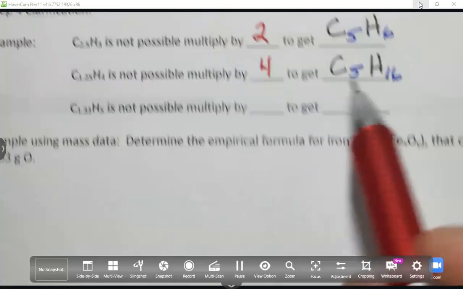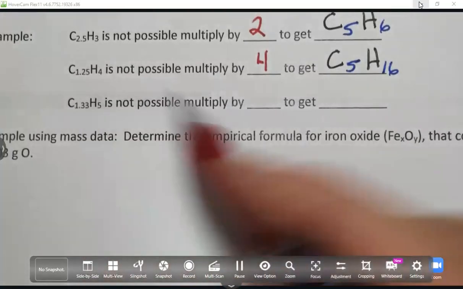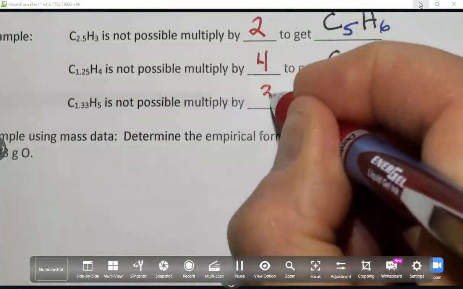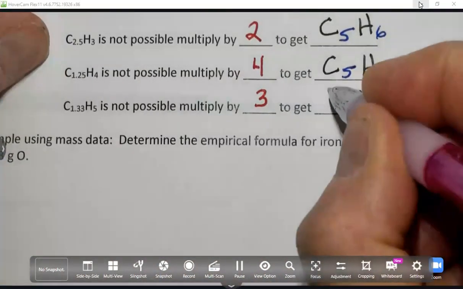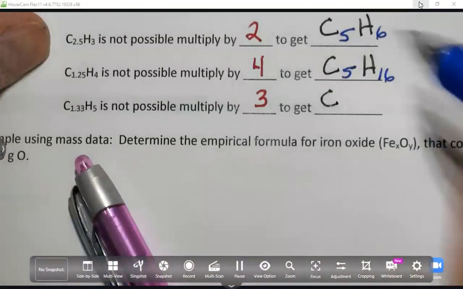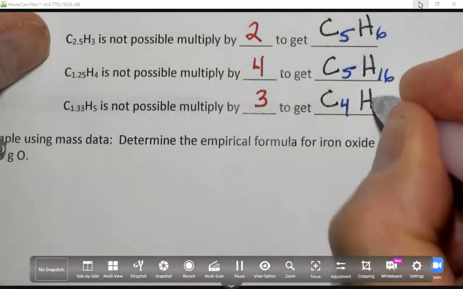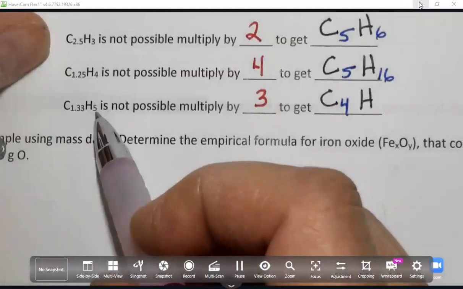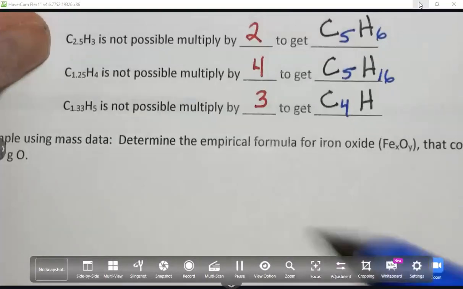And the last one, 1.33 is 1 1/3. So multiply by 3. And if we multiply 1 1/3 times 3, we're going to end up with 4 carbons. And if we multiply 5 hydrogen by 3, we get the hydrogen.